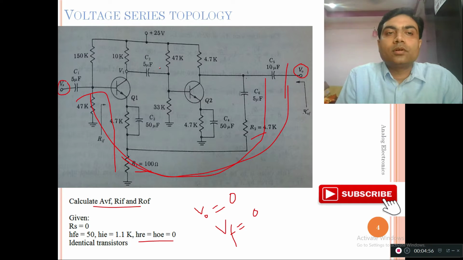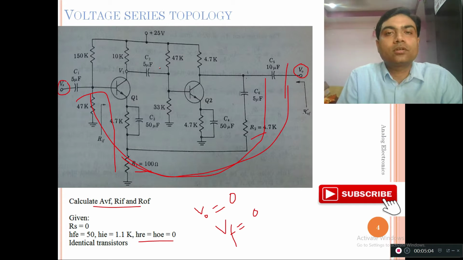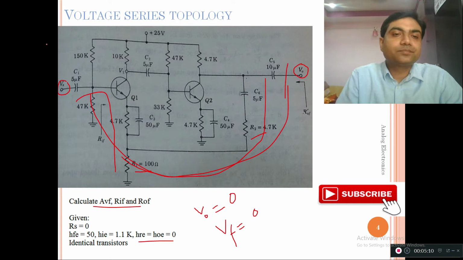And if you have identified the topology, the next task is to begin with the discussion of how we can form the input and output circuitry, and we can analyze the transistor or the amplifier in detail.